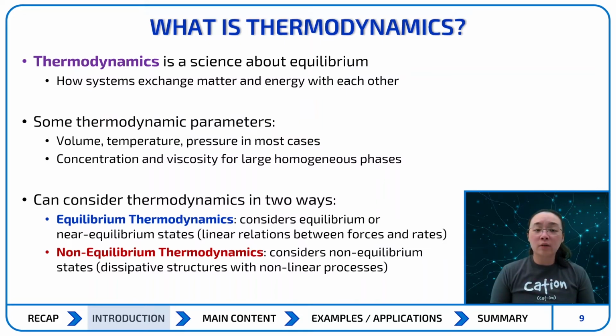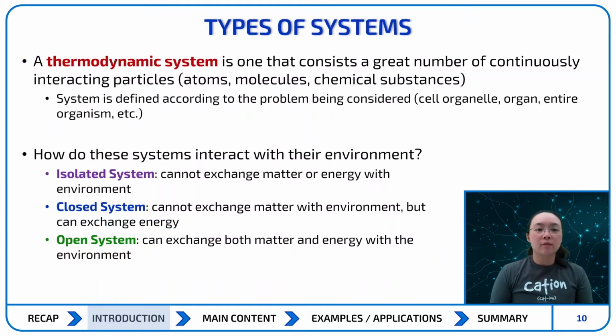If you're taking a look at non-equilibrium thermodynamics, then we now introduce non-linear processes where you have dissipative structures that lose energy, different types of things that go on that cause it to never be able to reach an equilibrium state or a steady state. For our purposes, we're going to be focusing more on an equilibrium state.